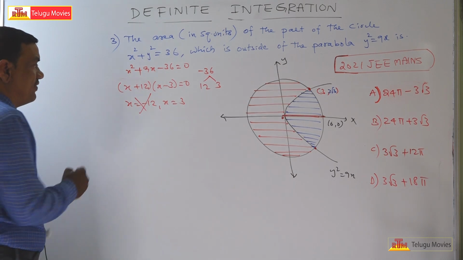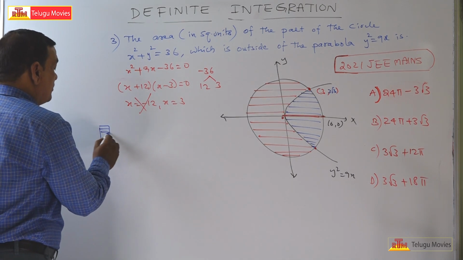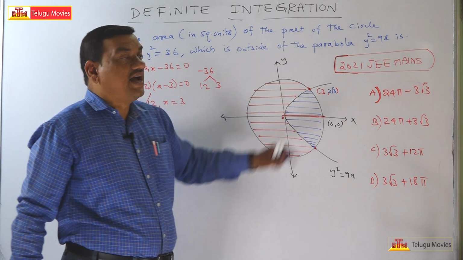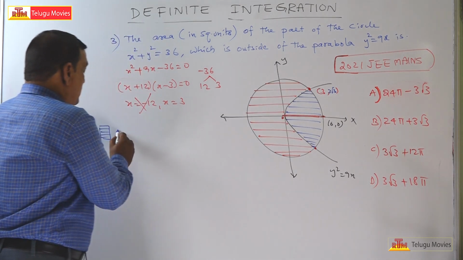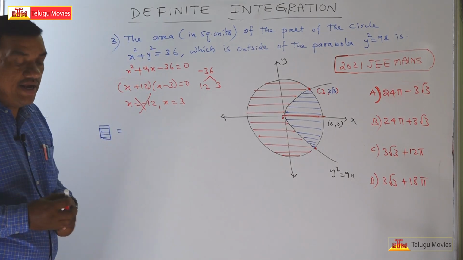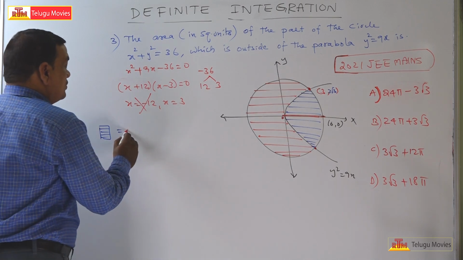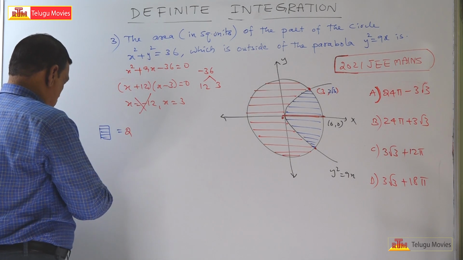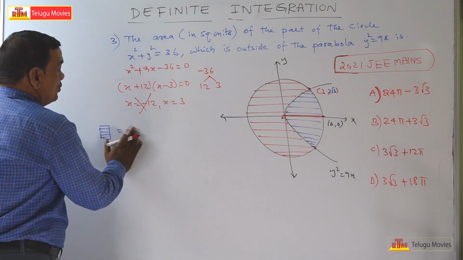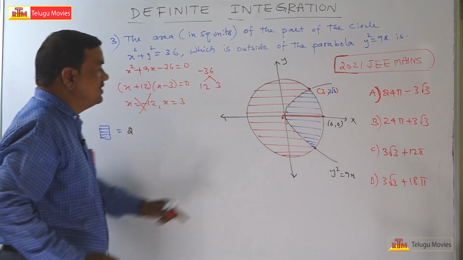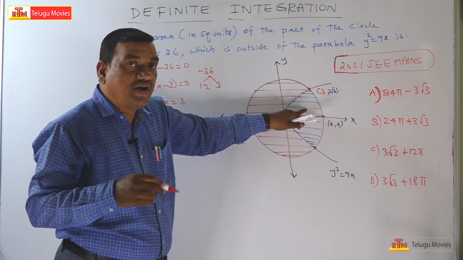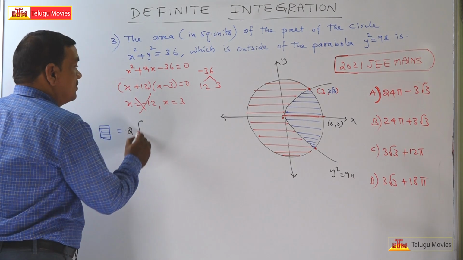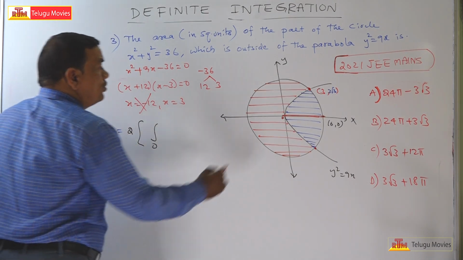So I will find the blue color area. This is given by 2 times, that means top and bottom. I am finding the top: 2 times integral 0 to 3.